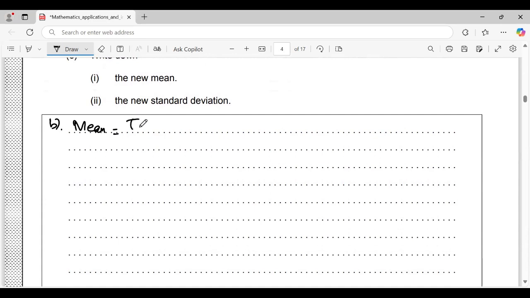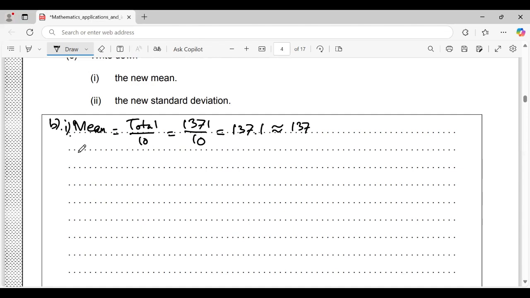The total over 10, 1,371 over 10. Mean is 137.1. Rounded off, it becomes 137.